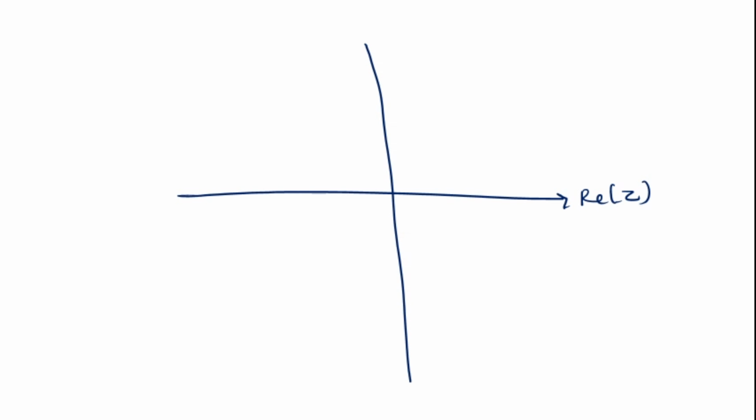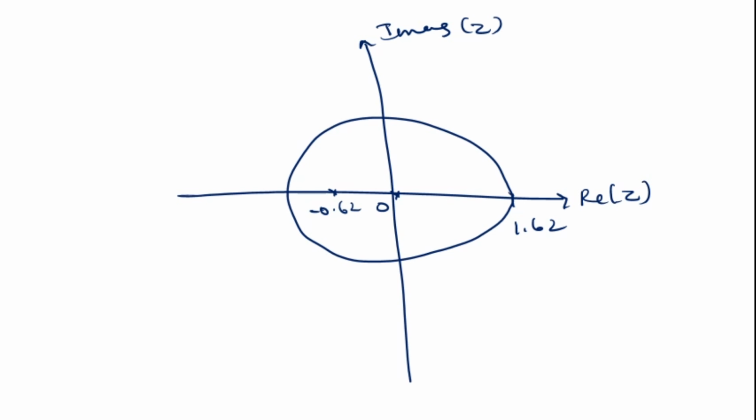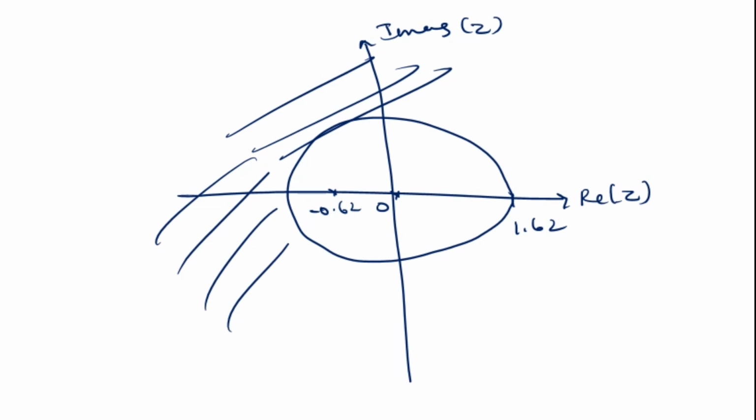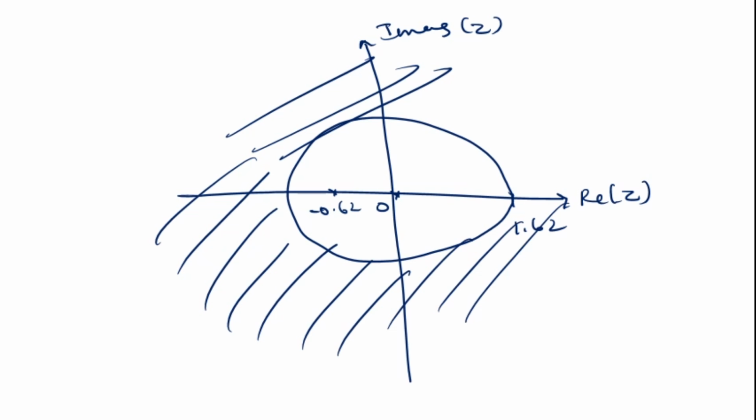Then we can draw the zeros and poles, real of z, imaginary of z, so 0, so 1.62, so minus 0.62. So this will be the ROC for the given problem.